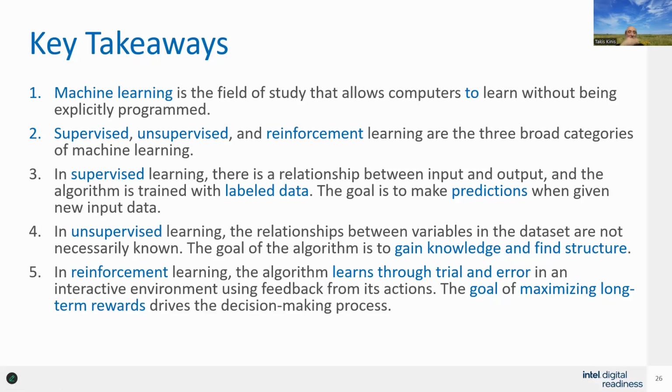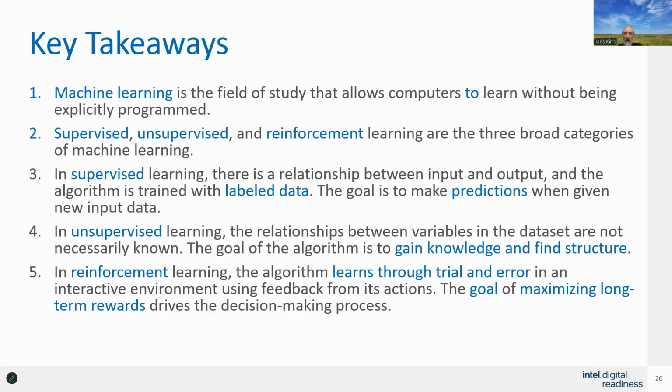All right, so this is kind of an overview of all that machine learning stuff, right? Machine learning allows computers to learn without being explicitly programmed. There are three different types of learning: supervised, unsupervised, and reinforcement. Those are the broad categories. Supervised learning is a relationship between input and output, and the algorithm is trained with labeled data, and the goal is to make predictions given new data.